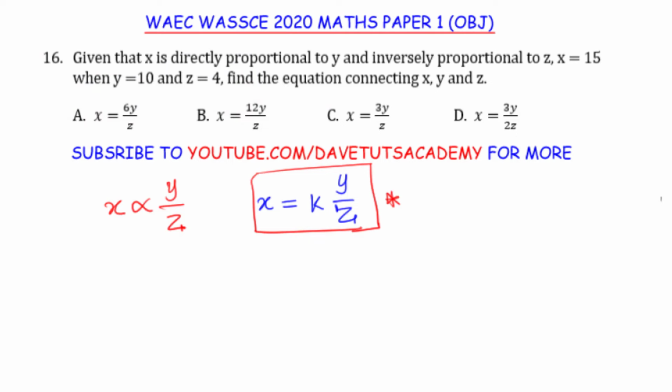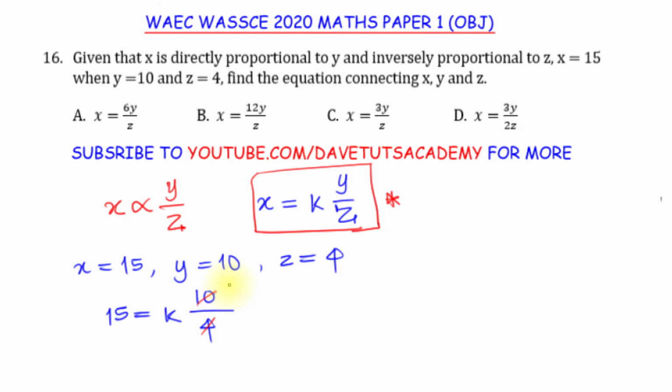To get the value of k, we just need to input those parameters that were given: x is 15 when y is 10 and z is equal to 4. If we put all these parameters into this equation, we will have 15 is equal to k multiplied by 10 over 4. So we can say 2 can go into 10 and 2 can go into 4.